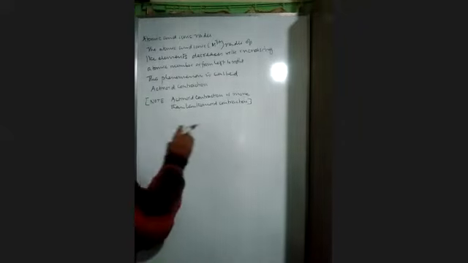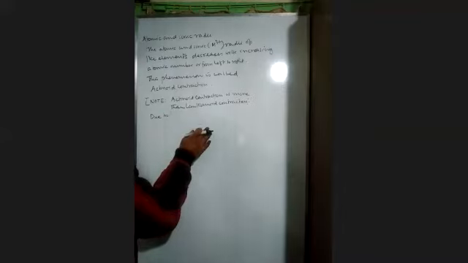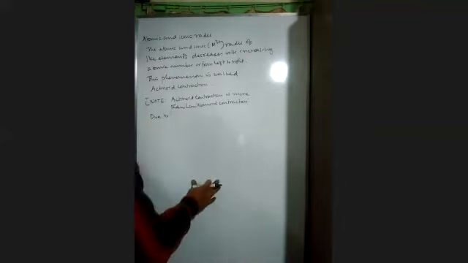Because of that, you will find actinoids are smaller than lanthanoids. Due to this, see, actinoids are below lanthanoids. Again, here it should be bigger than that of lanthanoids, but no, actinoids are smaller.